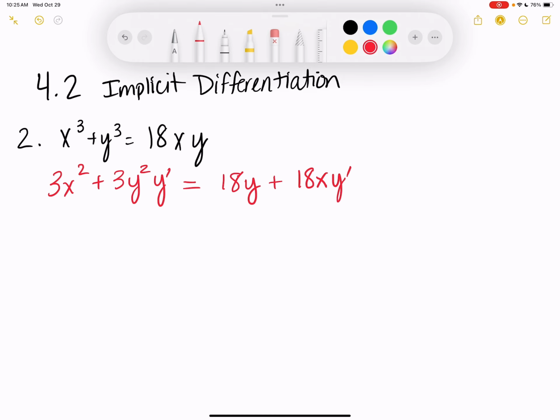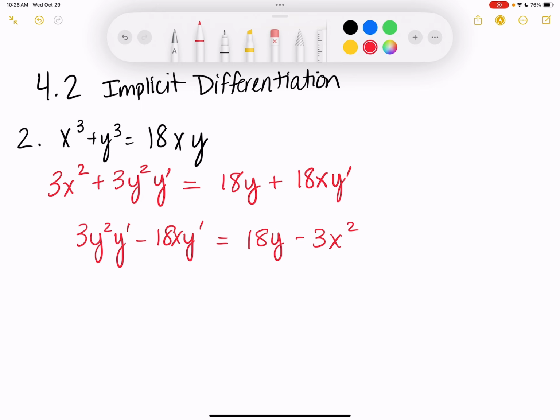So then the trick from there is I've got to get y prime by itself, ultimately. So you're going to end up with a final answer that has x's and y's in it on one side and then y primes all on the left. So I'm going to move the y primes to the left, everything else to the right. So I'm going to have 3y squared y prime minus 18xy prime is equal to 18y minus 3x squared.